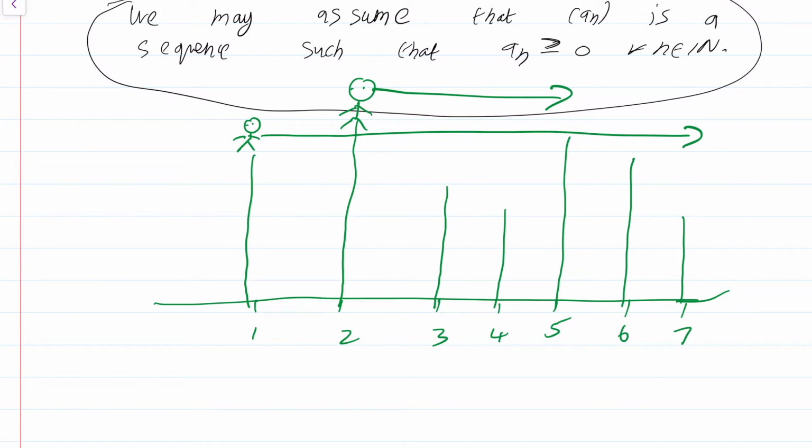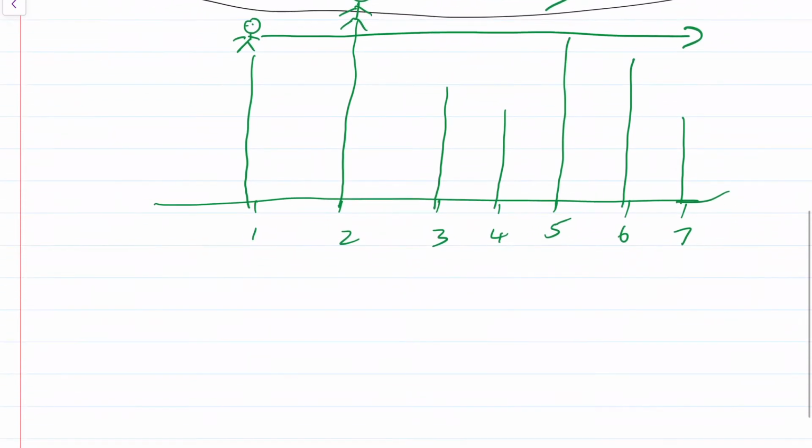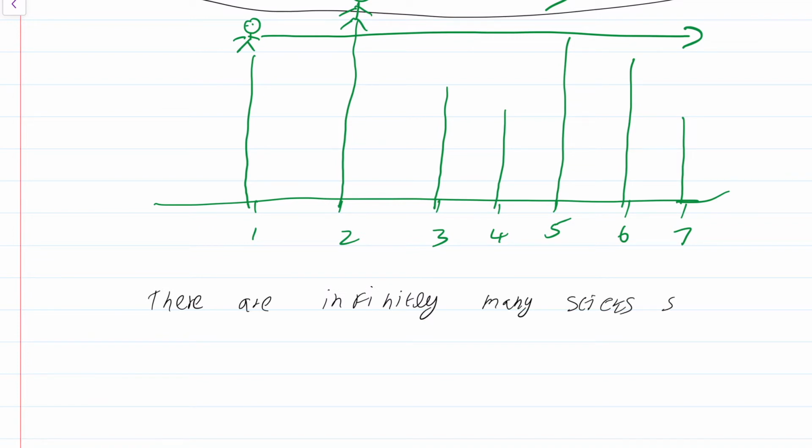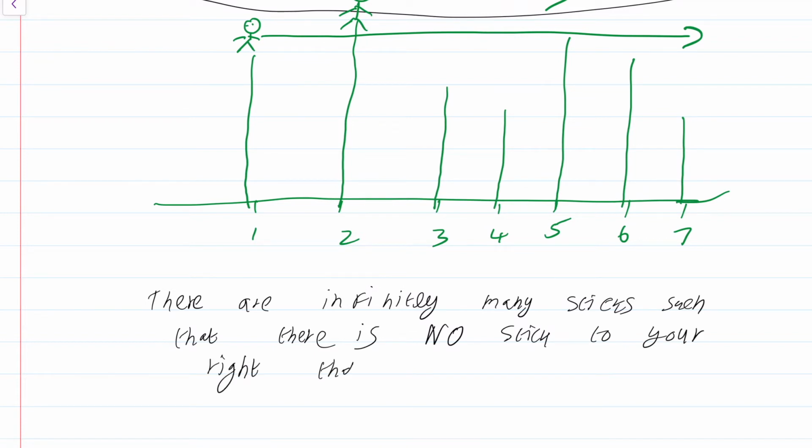Now is the key fact. There are infinitely many sticks such that there is no stick to your right that is larger, or there are only finitely many such sticks.